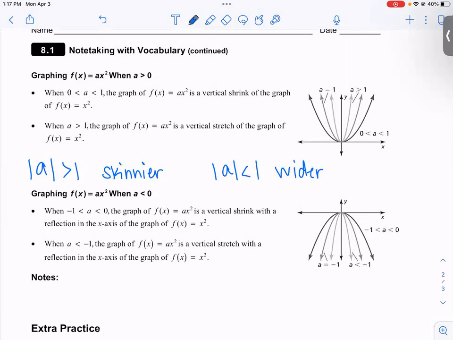We graphed what we would consider the parent function, y equals x squared. If we change the coefficient, we're going to get skinnier or wider. And if A is negative, that parabola is going to flip upside down.